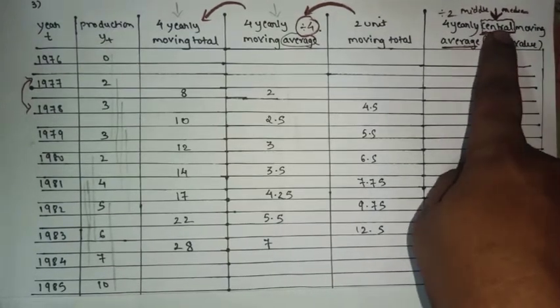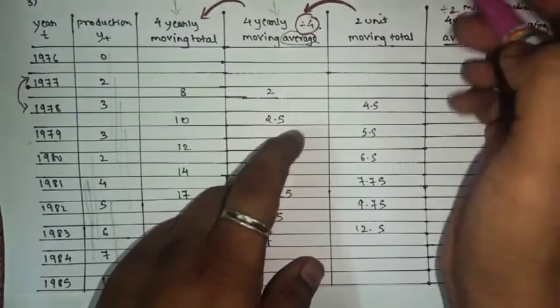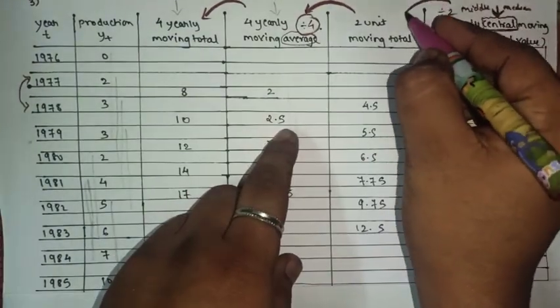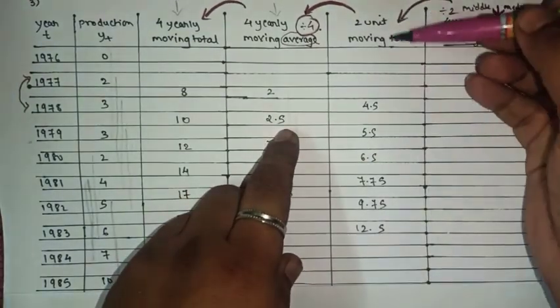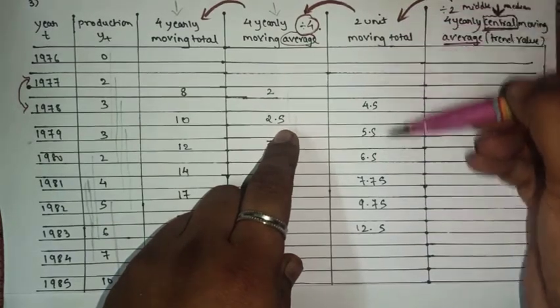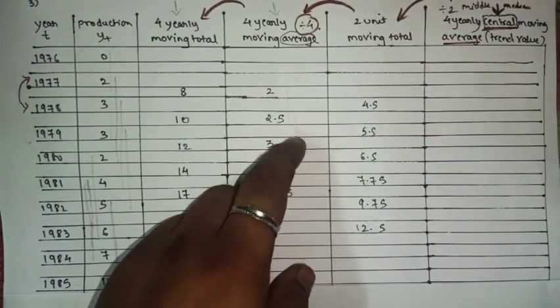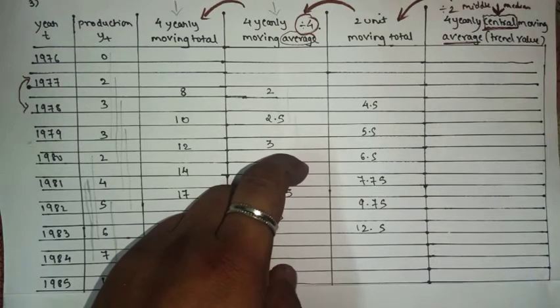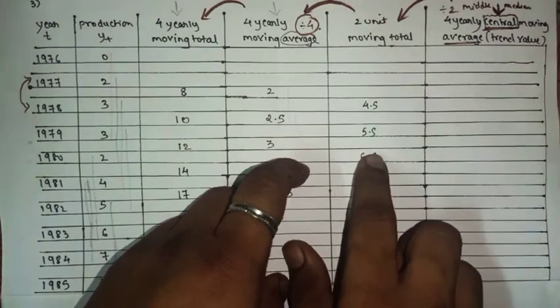So central means what? Now what exactly will you do? You will divide the previous column number by 2. So remember this.